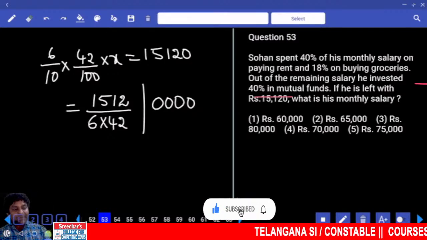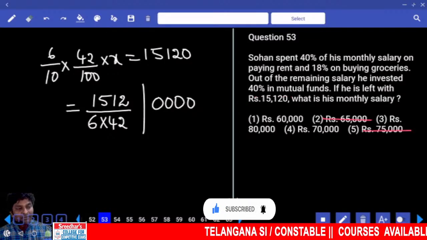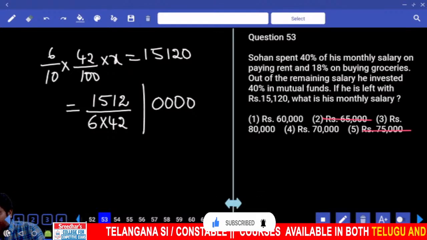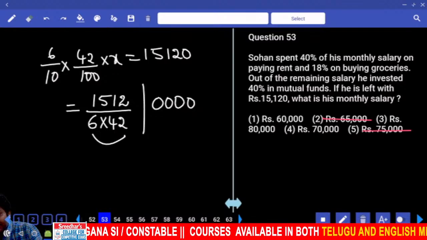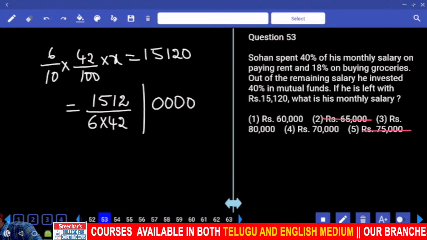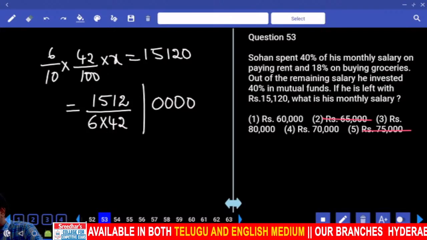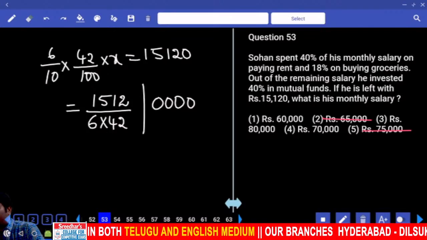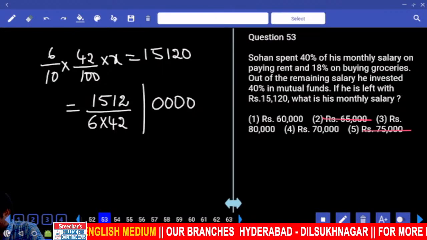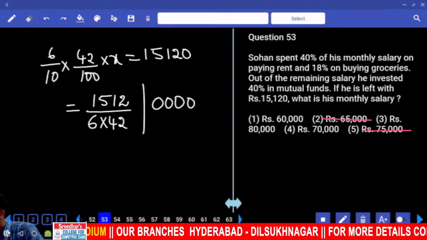Go to options. 3 options are there. Now see last digit verification. Numerator ends with, denominator ends with, 2 into which number ends with 2? Either 1 or 6. So your answer should end with 1 and 4 zeros or 6 and 4 zeros. 6 and 4 zeros, first option, final.